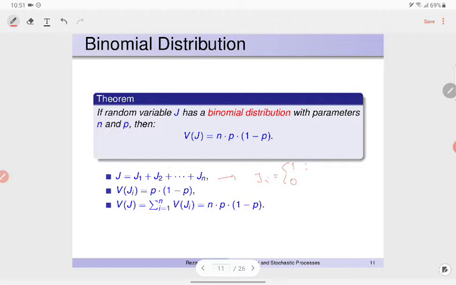So we can consider that J is the number of heads produced by performing n tosses of a biased coin with probability p.